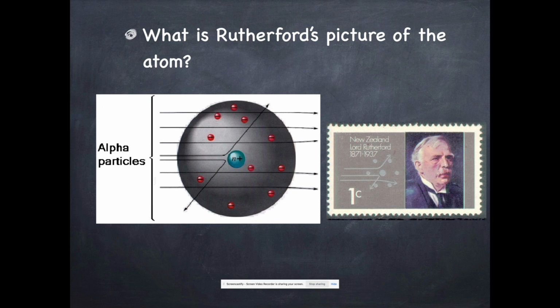Now, this was originally referred to in Rutherford's work as a planetary model. He thought that this would kind of approximate what our solar system looked like, with a nucleus that's tiny, positively charged, and very massive, and electrons that circled it like planets circle the sun.